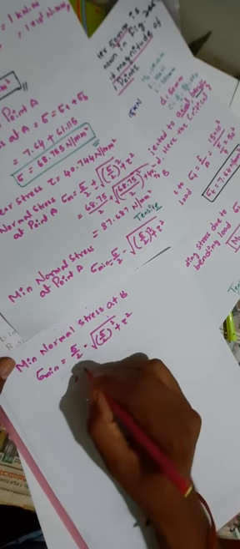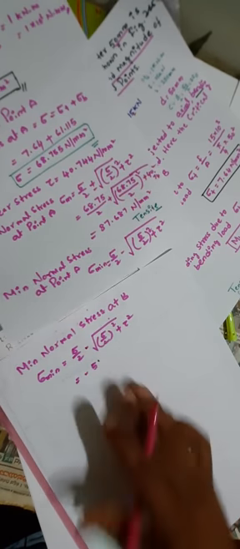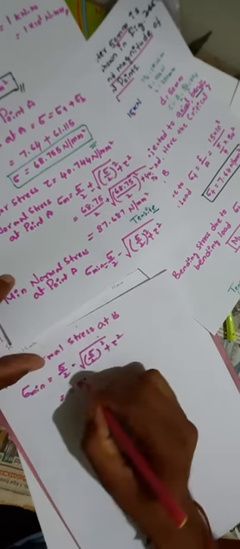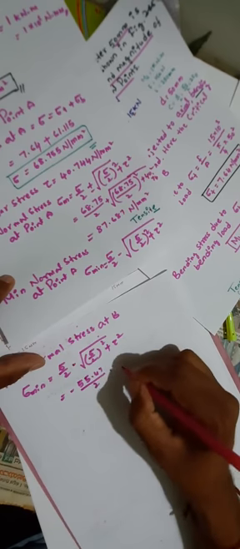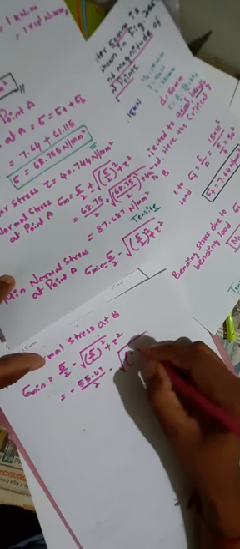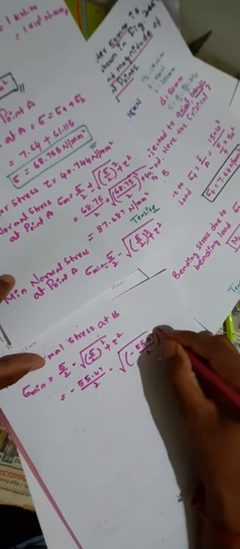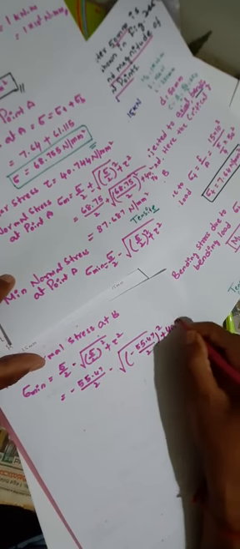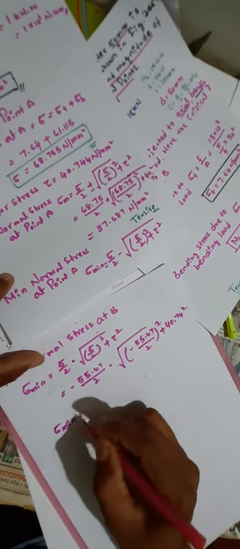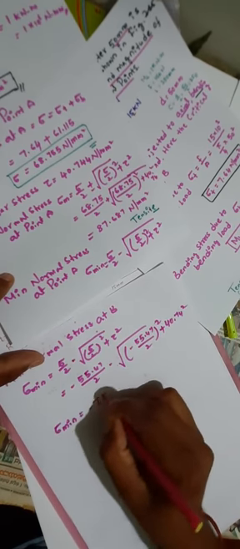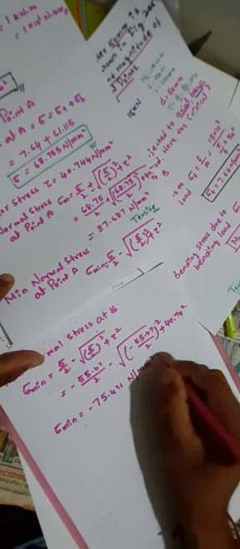If you simplify this, minus 55.47 divided by 2 minus square root of minus 55.47 divided by 2 whole square plus 40.74 whole square, sigma minimum is equal to minus 75.471 Newton per mm square.